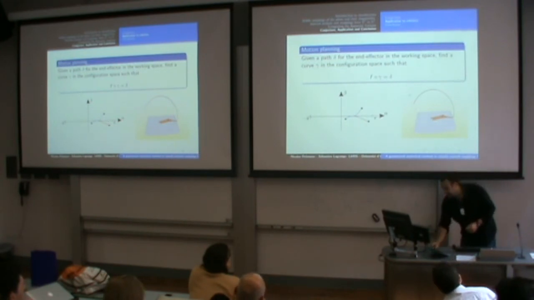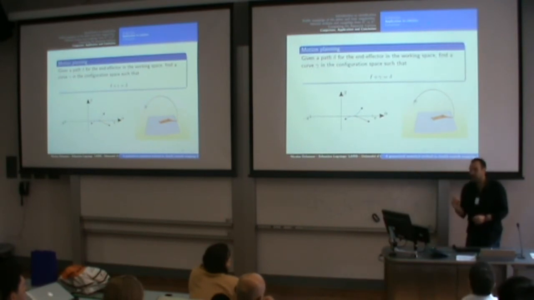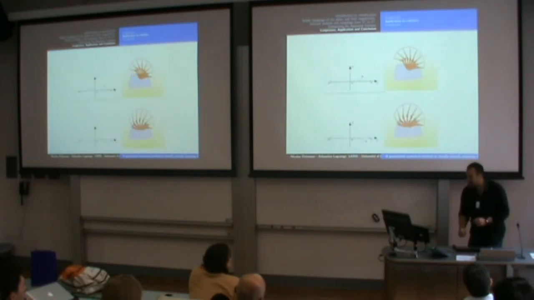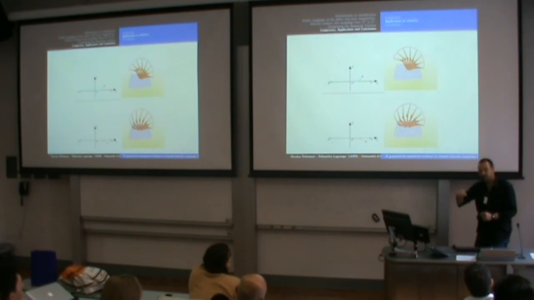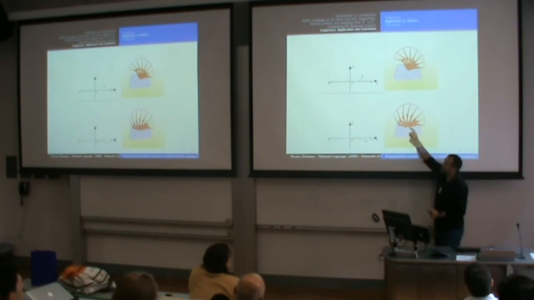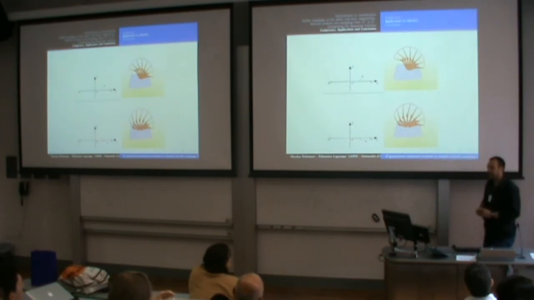Why? Because this trajectory is going to touch a singularity of the robot. So there exist two different ways to follow this trajectory in the working space. You can see two solutions to this problem.